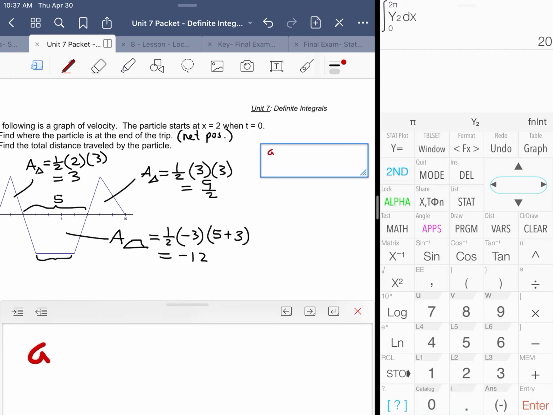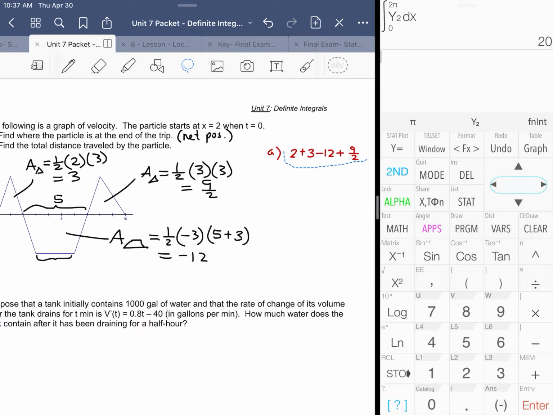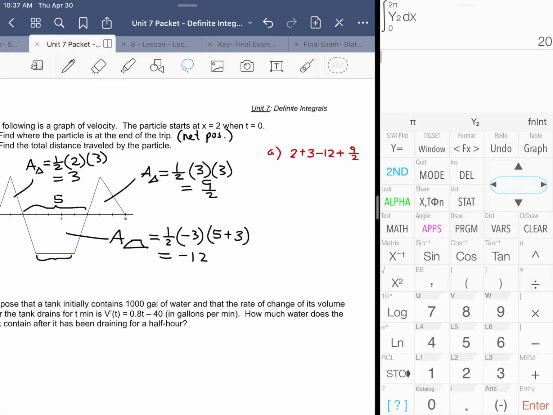So the particle starts off at x equals 2. I already have a starting location. So for A, 2 plus 3 minus 12 plus 9 halves.